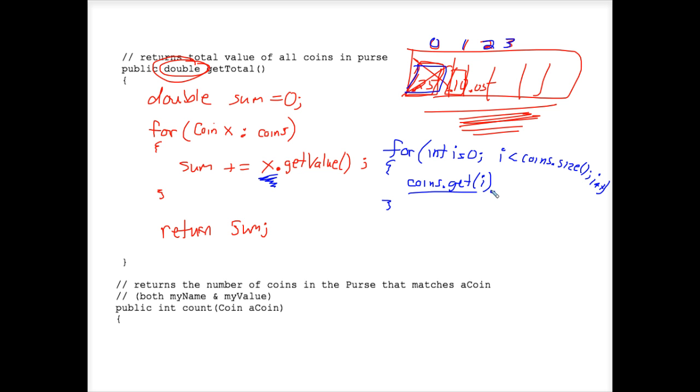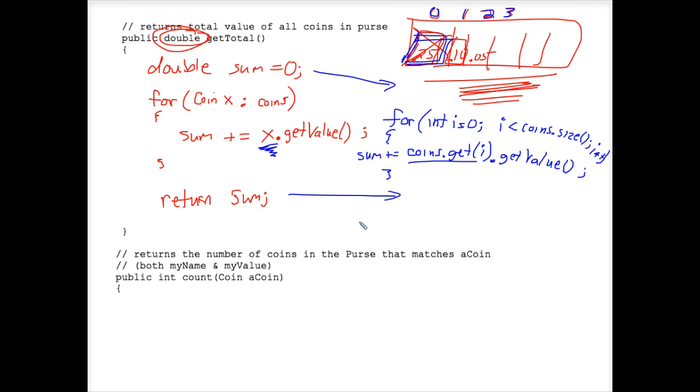And now we have to call the getValue method with this coin that we just pulled out. And of course we have to add that into the variable sum. I'm sorry, but I did not indent correctly there. We would need to do something like sum plus equals all of this. getValue is a method, so I need parentheses, and of course I need a semicolon. That's it. The rest of this is the same. We would still need return sum. We still need to initialize sum to 0, and that's a perfectly good answer as well.